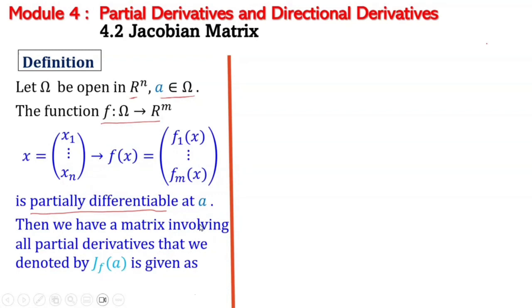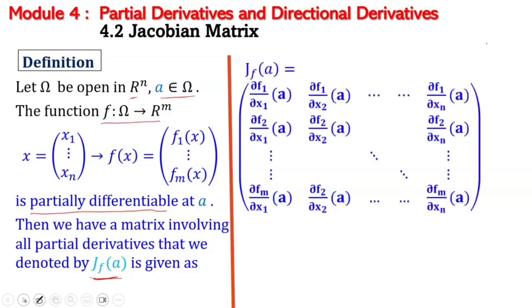denote this as JfA. So JfA here, the J is for Jacobian, f is for the function, and at the point A. And this matrix will be given like this.